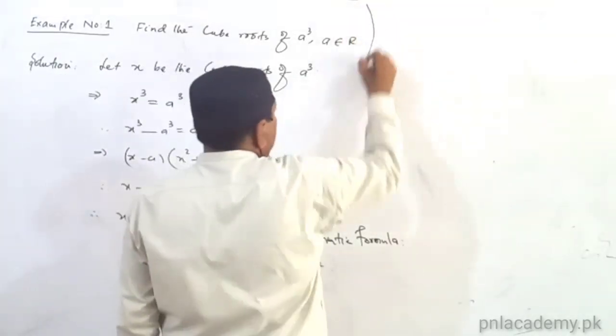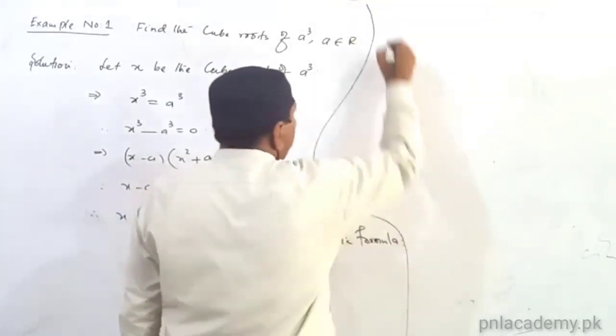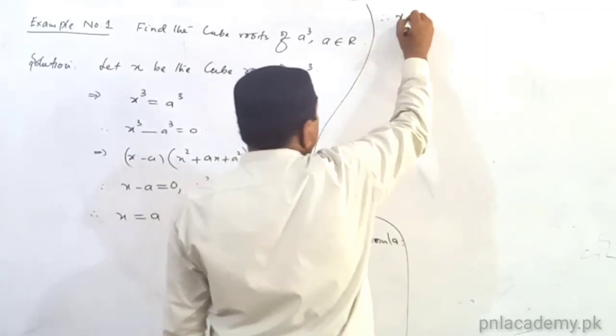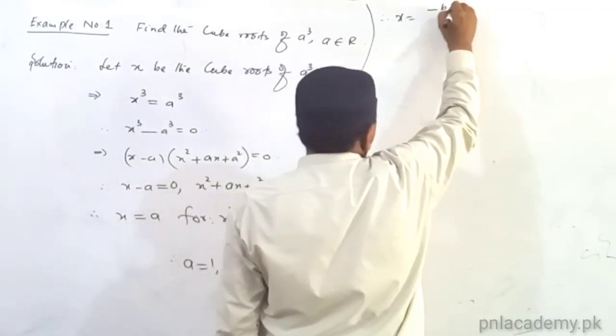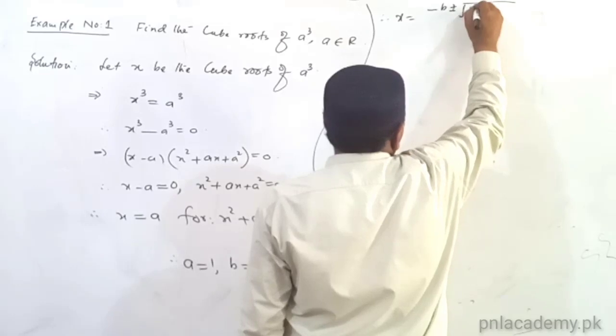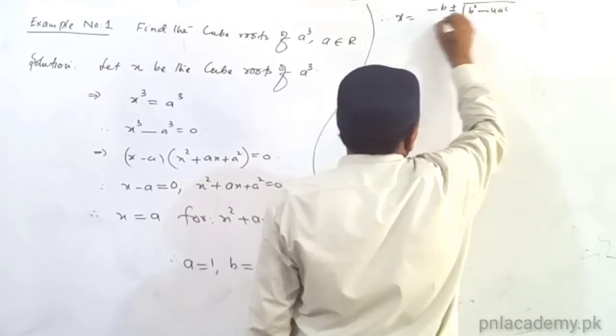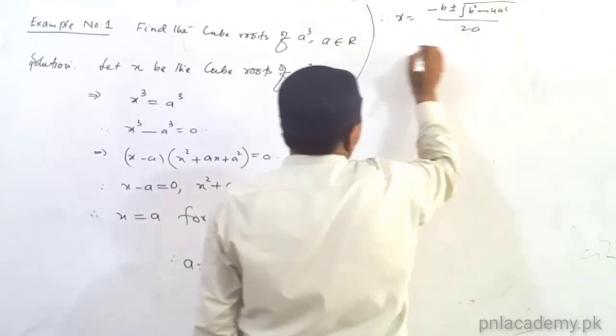Therefore, x is equal to minus b plus or minus radical b square minus 4ac upon 2a.